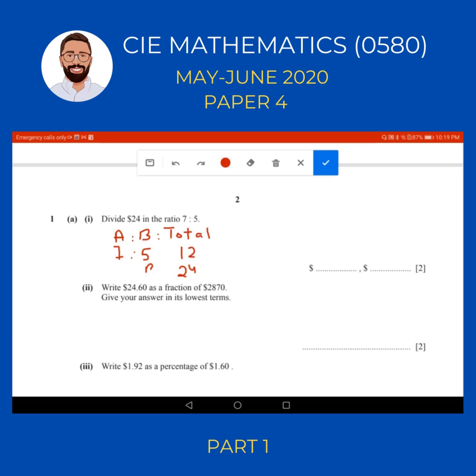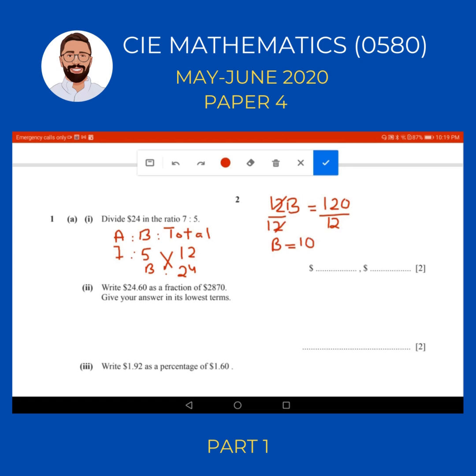And under B, I need to find how much B will get. So I will cross multiply. 12 times B is 12B equals 24 times 5, which is 120. So over 12, and here over 12, so B is 10.